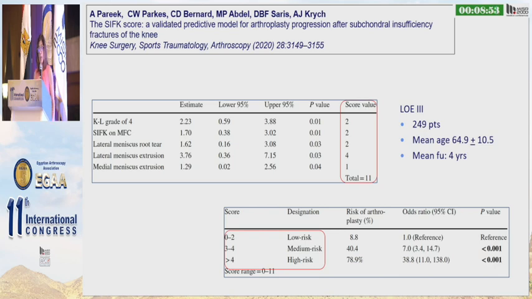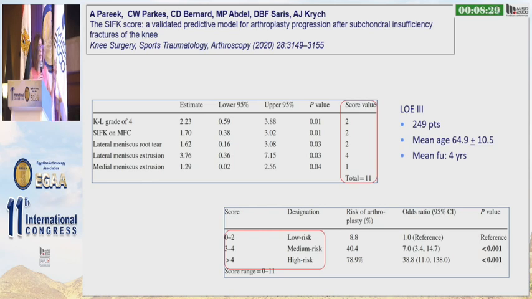This is an interesting study from Mayo Clinic, actually. They tried to understand, when you got an insufficiency fracture, which of them are going to progress to the necessity of an arthroplasty. And they found different factors. Kellgren-Lawrence grade 4, which means that you already have an osteoarthritis.